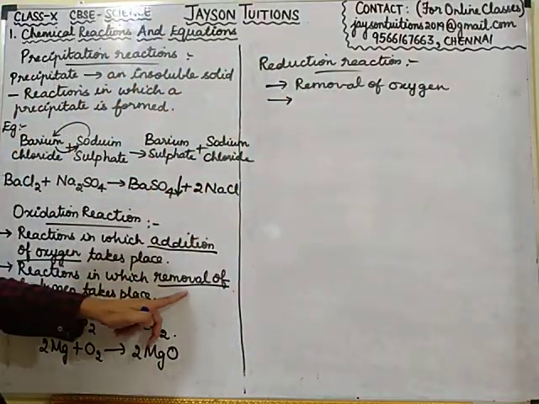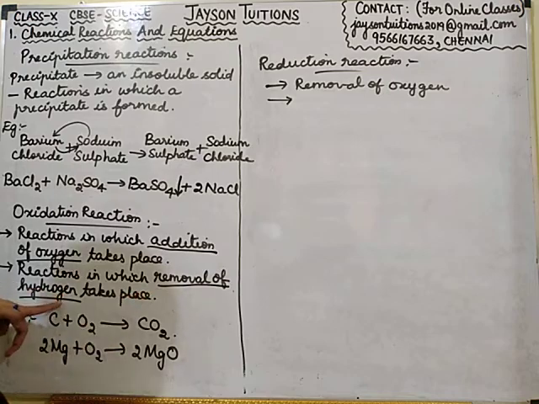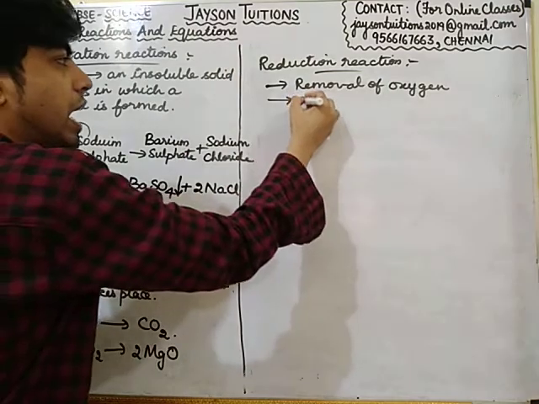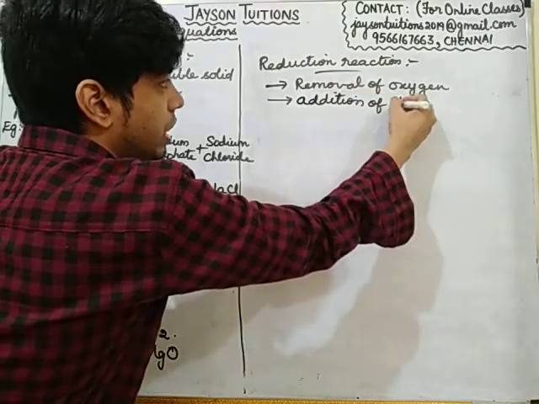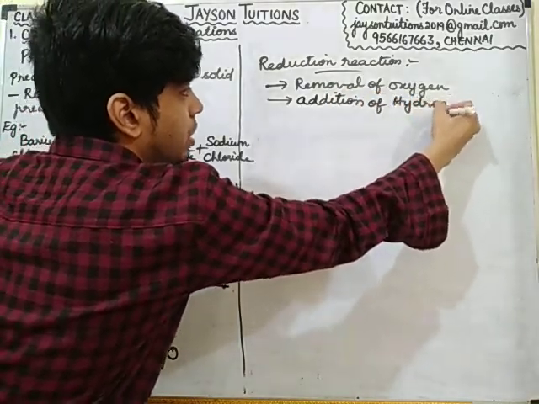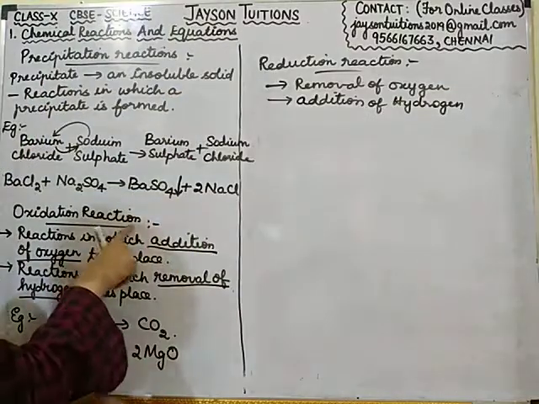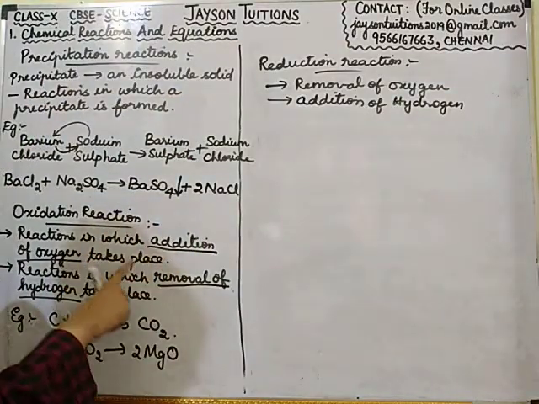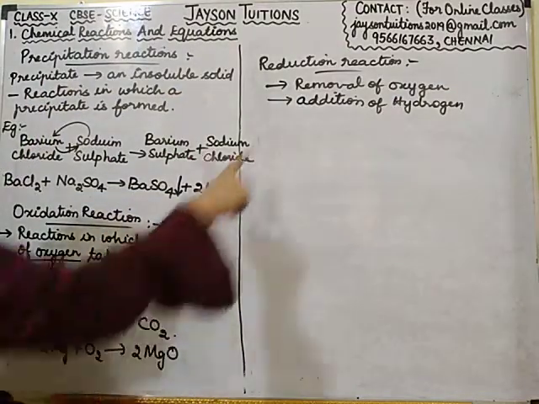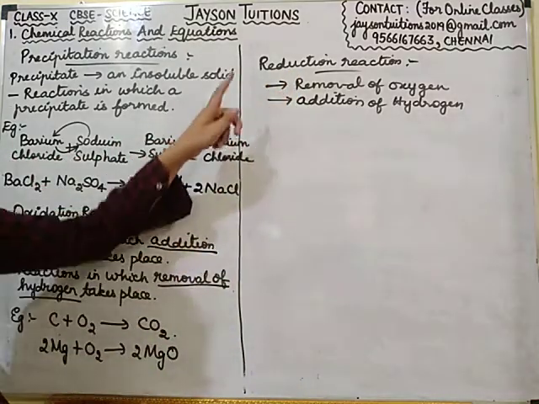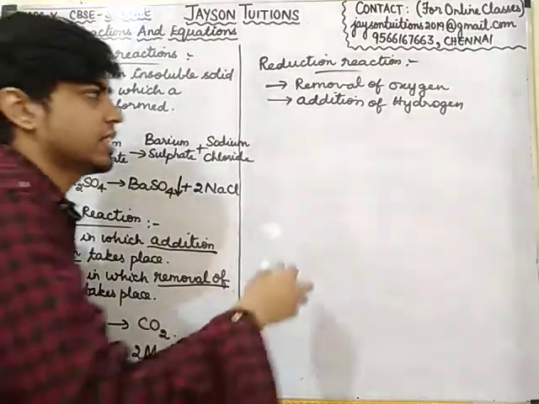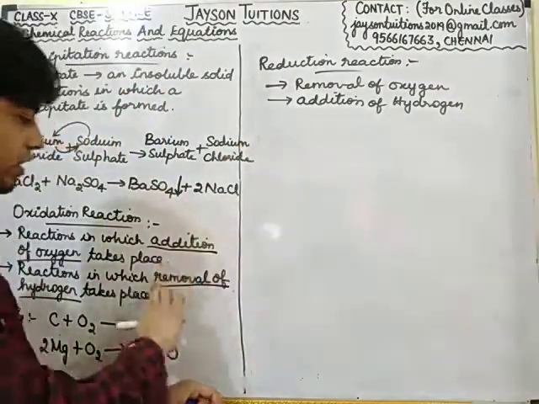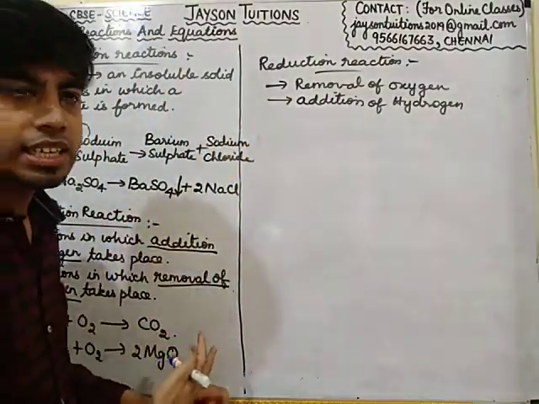And the other definition of oxidation is removal of hydrogen, so reduction is addition of hydrogen. Reduction reaction means removal of oxygen or addition of hydrogen. So it is opposite to oxidation reaction.